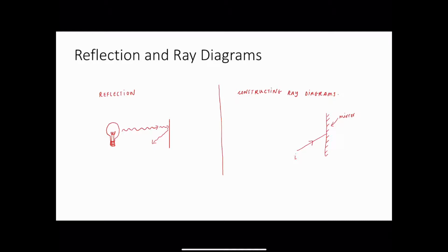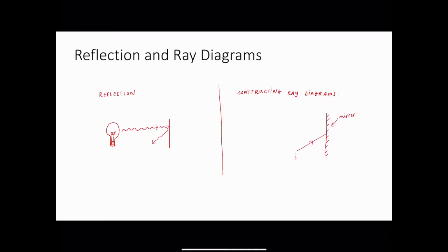Then we know as well that from the point at which that incident ray hits the mirror, we're going to have a reflected ray that comes back out the other side. Now, what we want to establish is that point that it hits the mirror. So we do that by drawing something called the normal line.